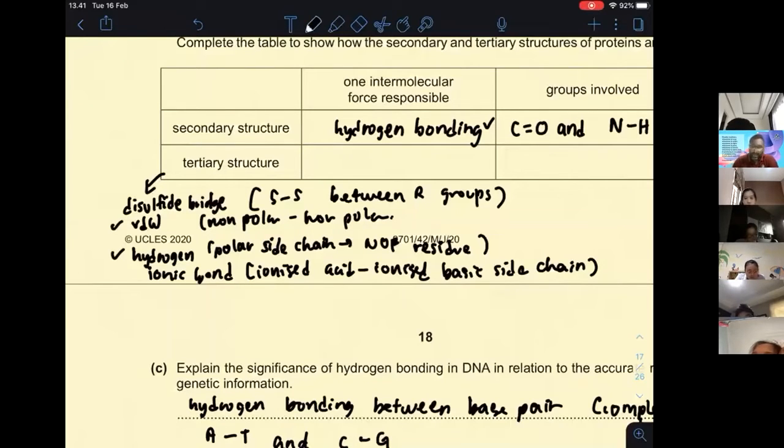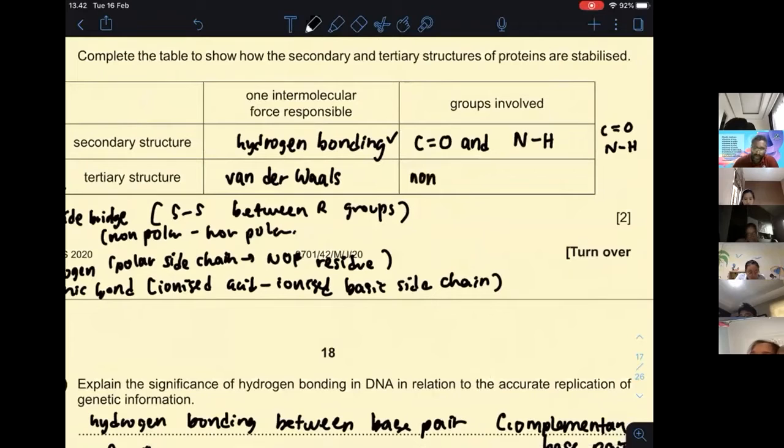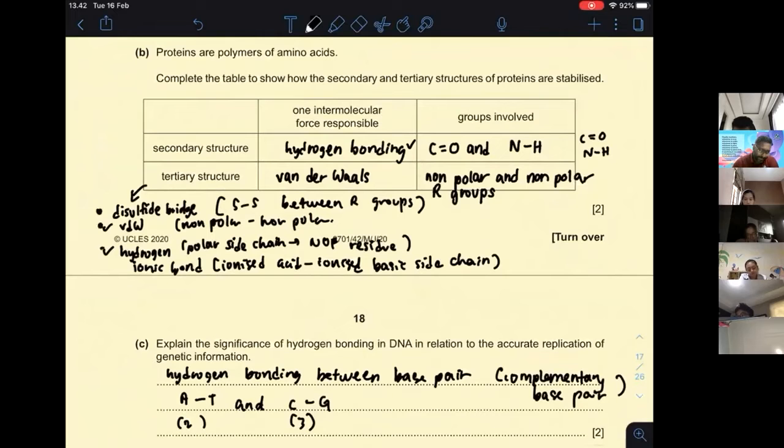So let's say I'm just going to select van der Waals forces. The group involved is going to be the non-polar and non-polar R groups. This is going to create the van der Waals forces of attraction, but there are total 4. You can choose any.